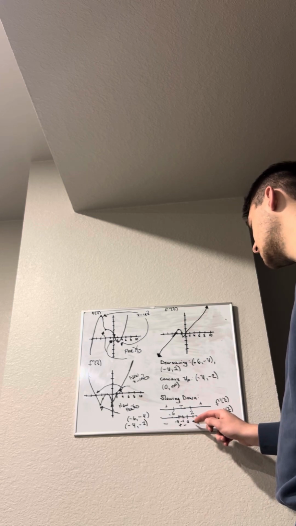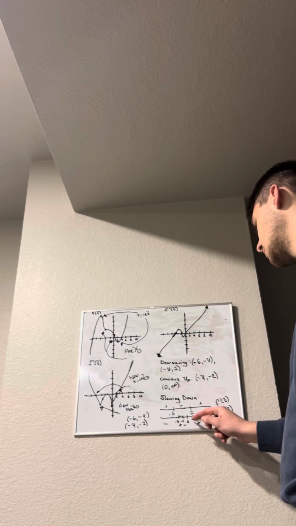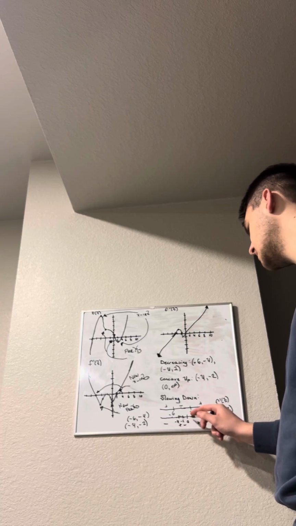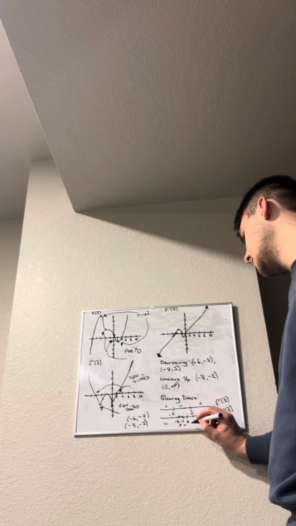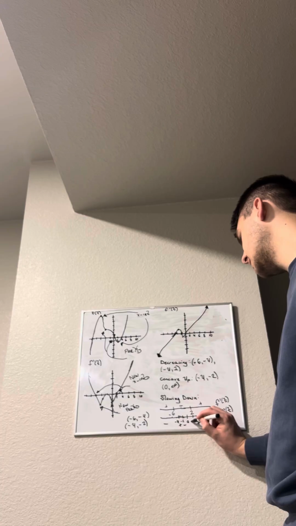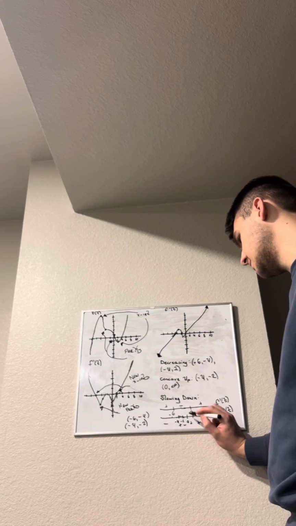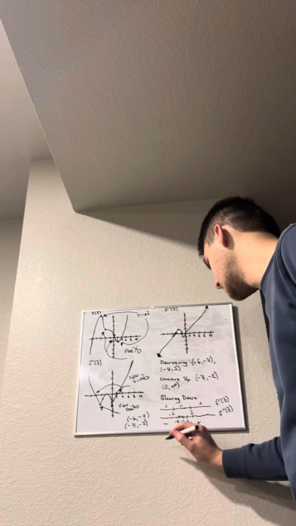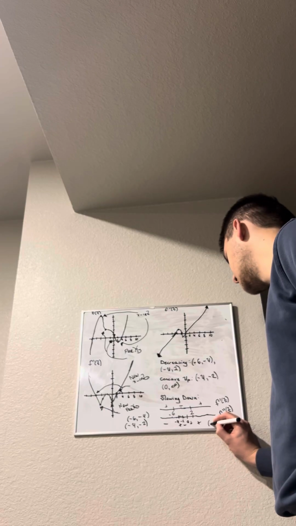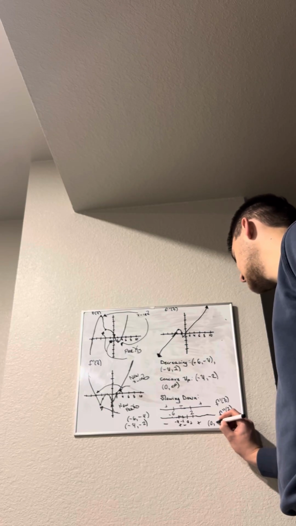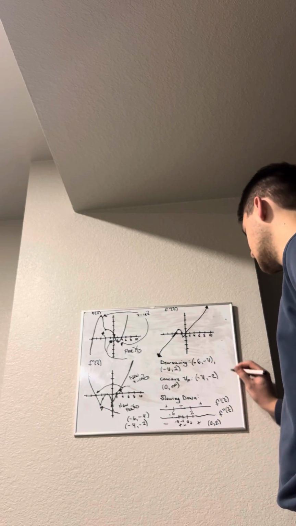And then if we're looking at the other signs, from 0 to 2, which is positive and negative, it would also be slowing down because they have two different signs. So it would actually be three intervals that pertain to slowing down.